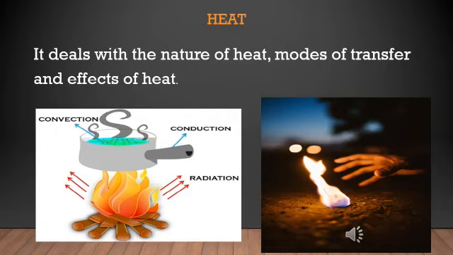And thirdly, we discuss in that branch of heat the effects of heat. What are the effects of heat on the object? For example, if we burn paper, it would turn into ash, right?